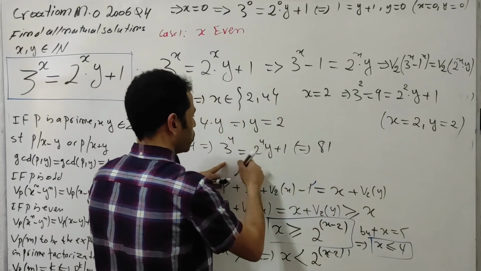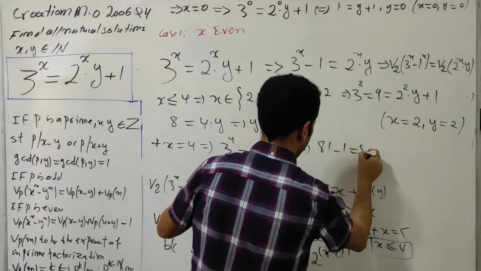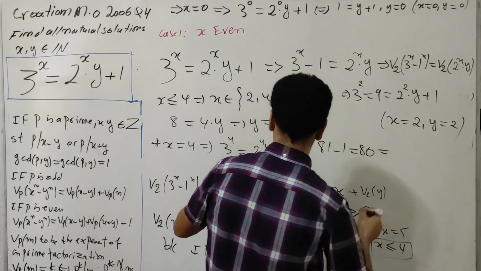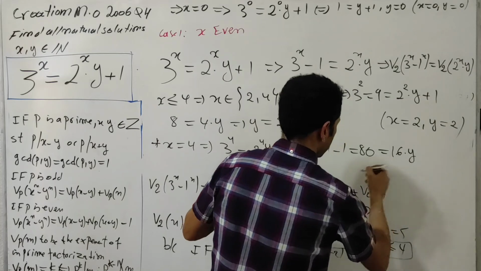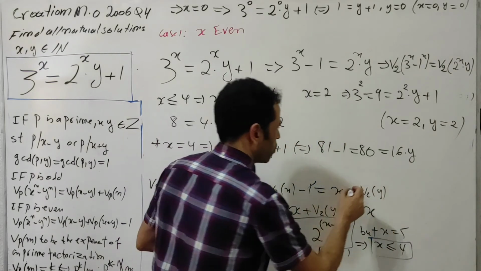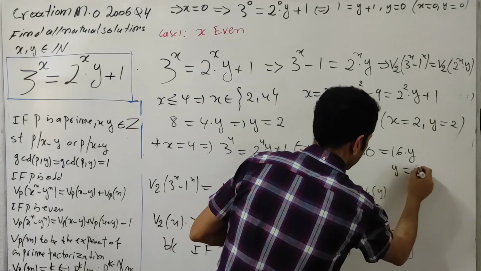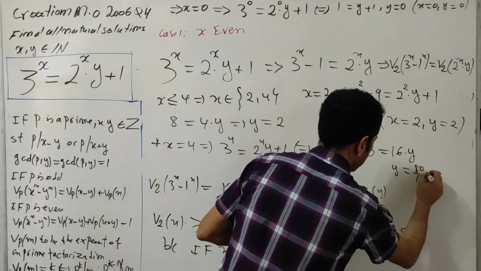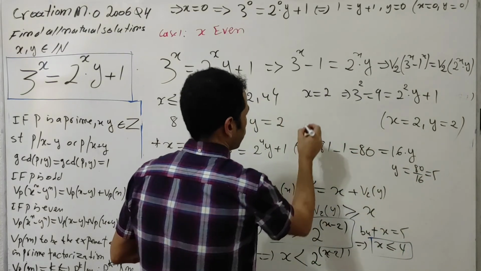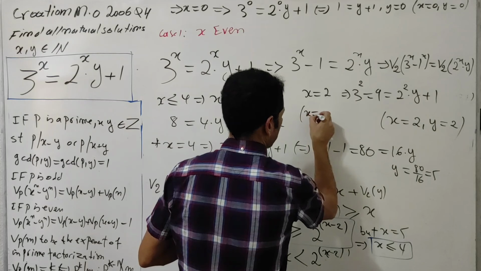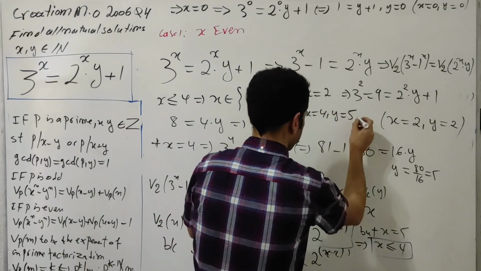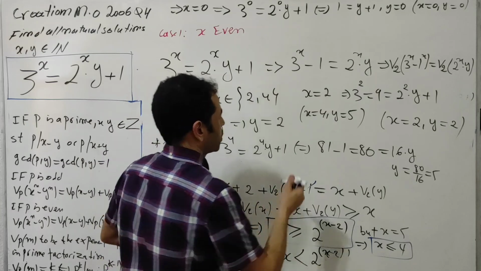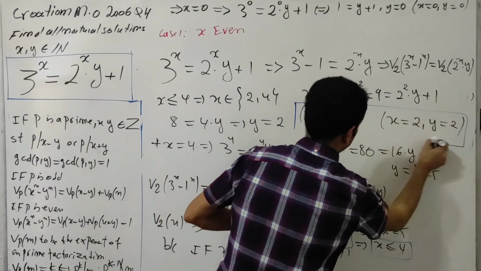By taking number 1 to the left-hand side, you have minus 1, which is 80. 80 equals 2 to the 4, which is 16, multiplied by y. By dividing both sides by 16, I will get y equals 80 over 16, which equals 5. Now we have found another solution, x equals 4 and y equals 5.